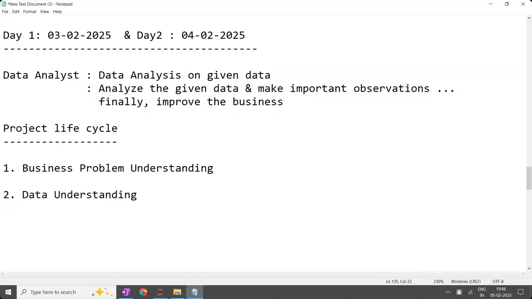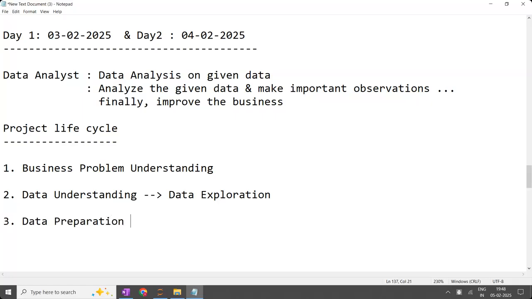In data understanding, he is going to do data exploration. The data analyst will initially explore the data. After data exploration, we do data pre-processing, or data preparation.